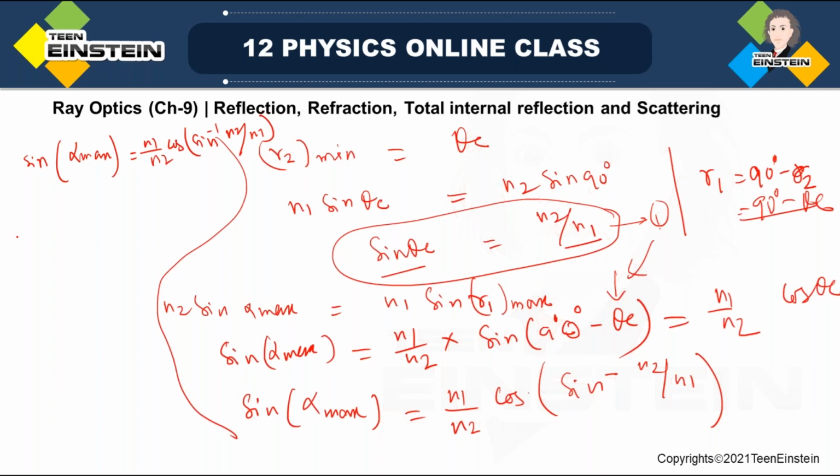Okay, so look here that alpha max will be sine inverse of, it is sine inverse n2 by n1.